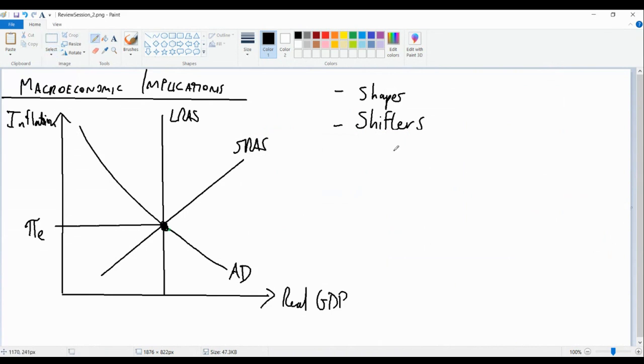So for the supply curve, the shifters are different. One thing that could shift the supply curve, obviously, is this. If expected inflation changes, the supply curve will shift. Why might the expected inflation change? There are two possible reasons.